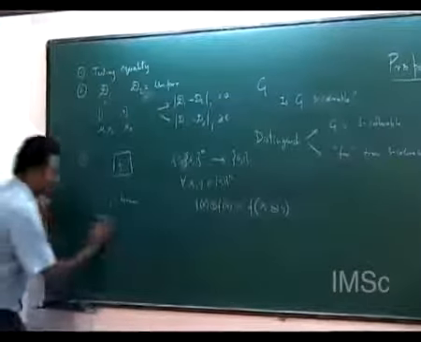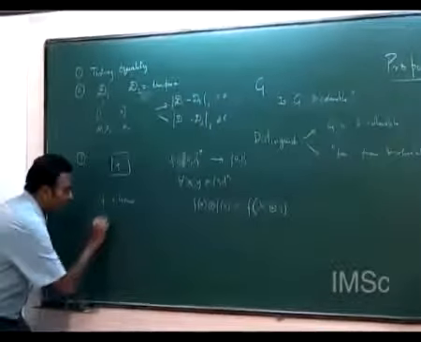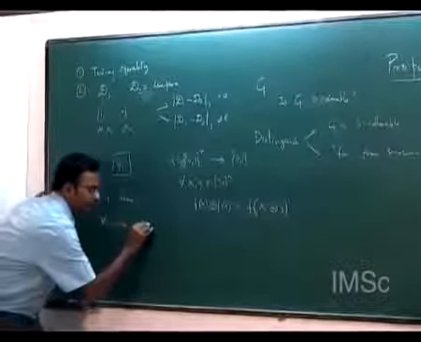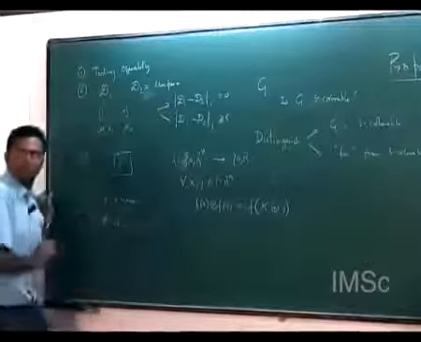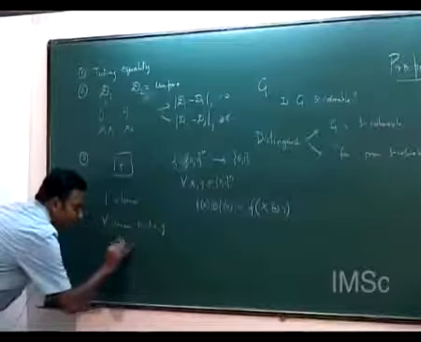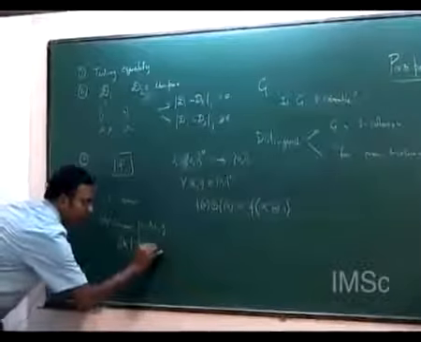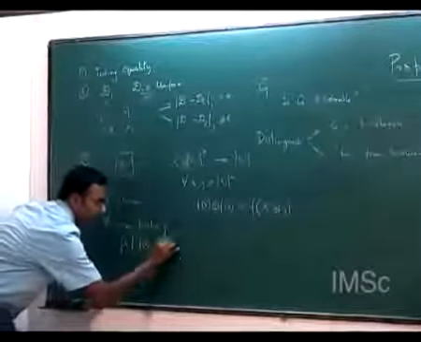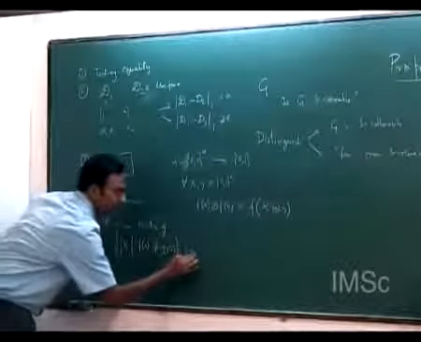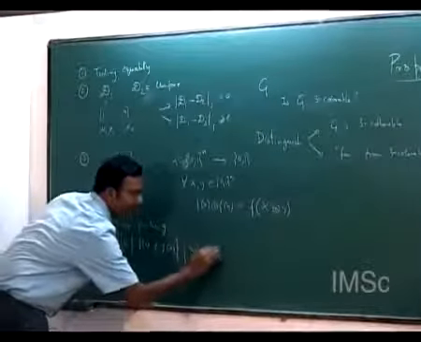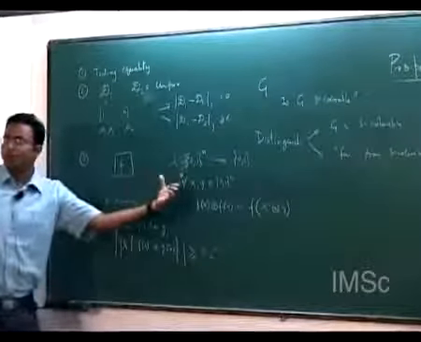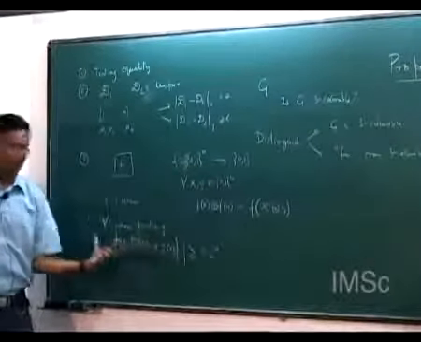Another way of looking at it is that for all linear functions g, the number of x's such that f of x is not equal to g of x should be more than epsilon times 2 to the n, where 2 to the n is the total number of values that the function can take.